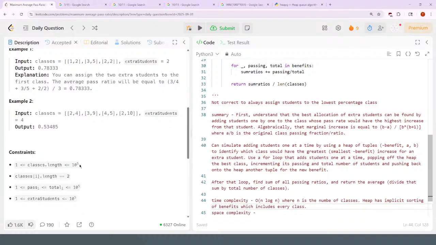I'm trying to think how the number of students affects things. The number of students that you're adding should technically be a factor here somehow. Maybe it's m log n. Yeah, I think it might be m log n, where n is the number of classes and m is the number of extra students.